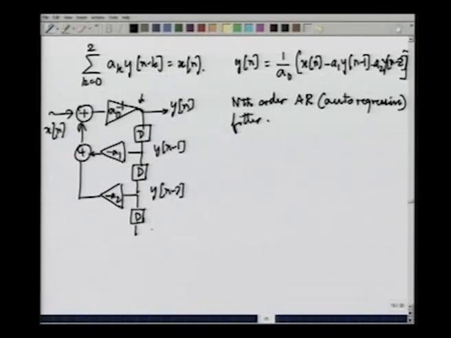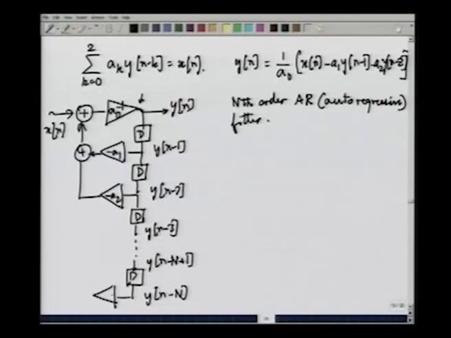So, I will get yn minus 3 and so on, until I come to the last delay block, before which I have yn minus n plus 1, and with this delay finally you get yn minus n, and you take this and scale it with minus An.